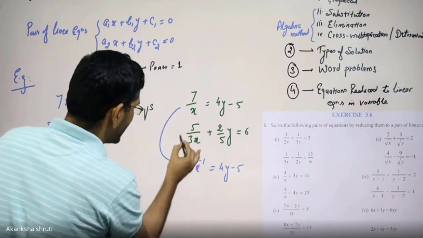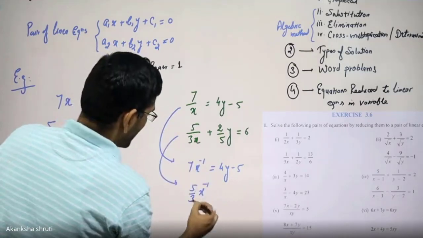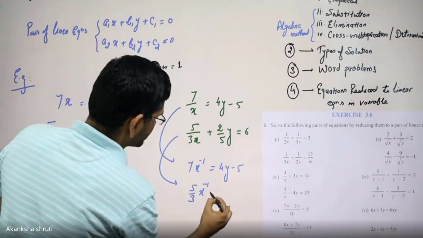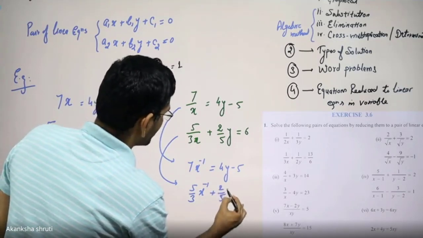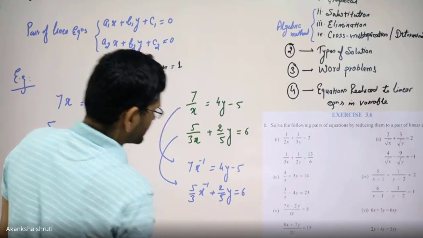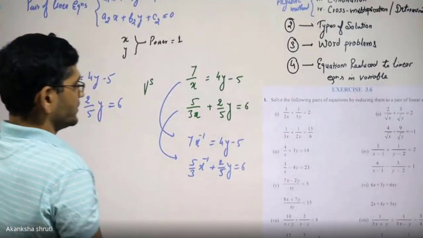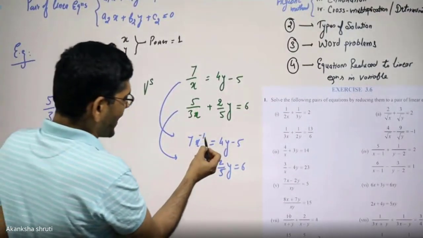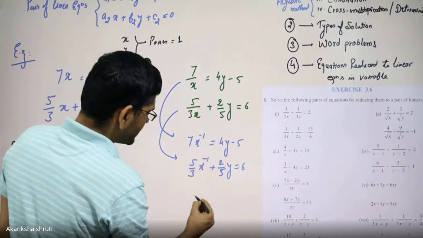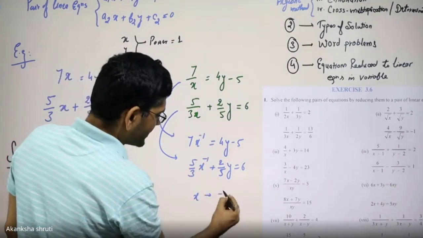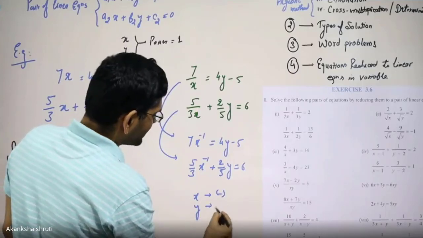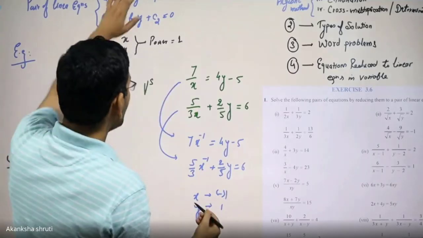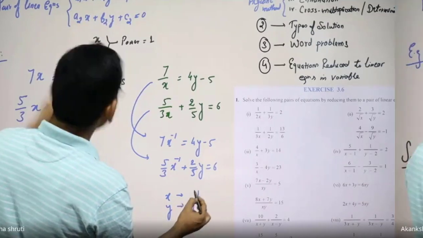And the second equation is 5 by 3x to the power minus 1 plus 2 by 5y equals 6. Here we are observing that the power of x is minus 1 and the power of variable y is 1. It means it cannot be linear.